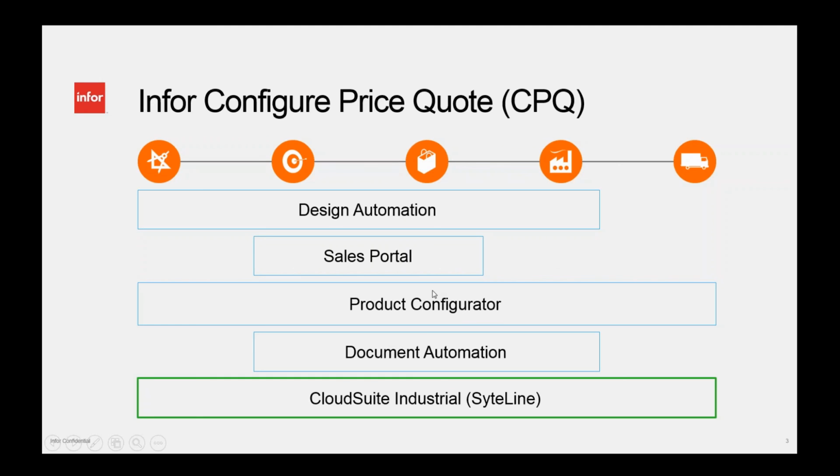The only other thing I'd like to mention, though, is you also could use the configurator in other ways, or it could be integrated into other things. So, for example, some of our customers put the configurator right on their website.